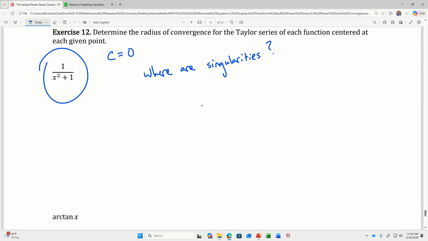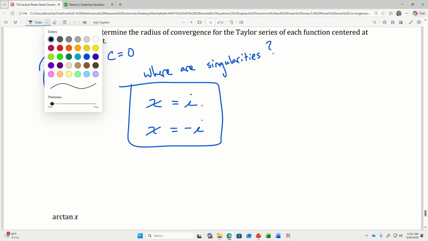There's 2 of them, and you're right, you've got 1. One of them is at i, because i squared is -1. -1 plus 1 is 0, and I have an undefined part of my function. So that's one singularity. There's another one. Yes, -i.